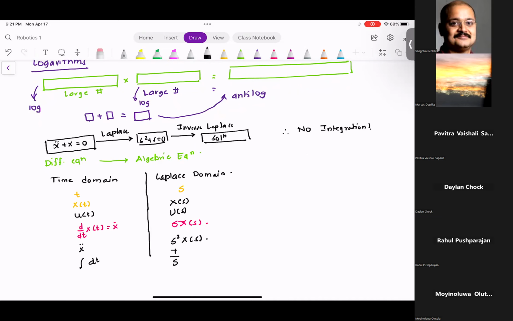So let me take a simple example. If I have a differential equation x double dot plus x is equal to u of t, this is the differential equation in time domain.